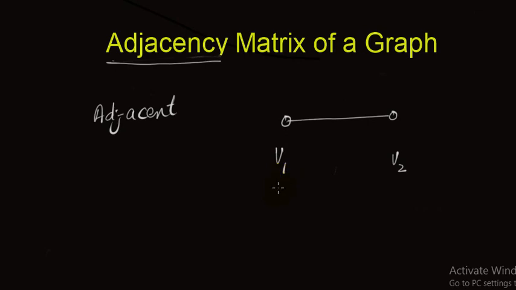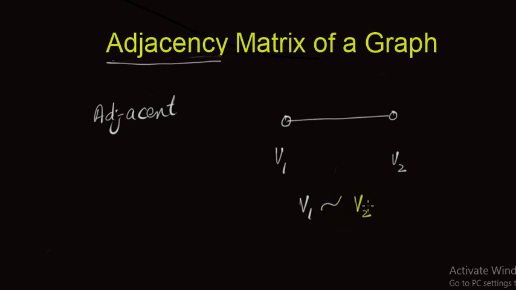First, what is an adjacency matrix? Adjacency is from the word adjacent, and we know the meaning of adjacent. As graph theory deals with vertices and edges, if we have two vertices v1 and v2, and there is an edge between v1 and v2, then we say that v1 is adjacent to v2.